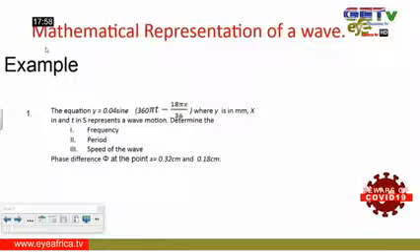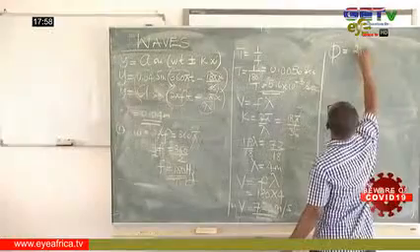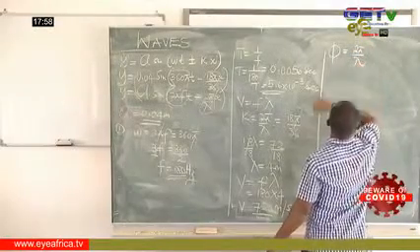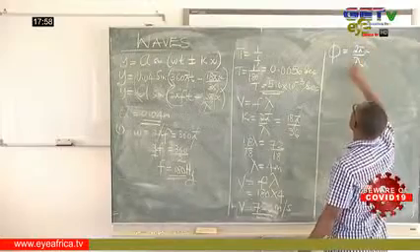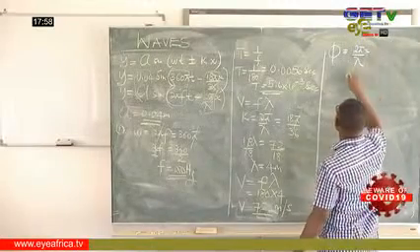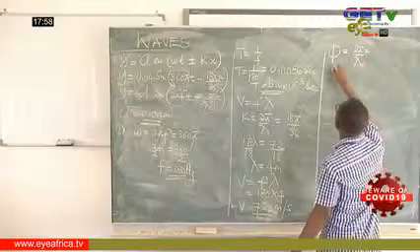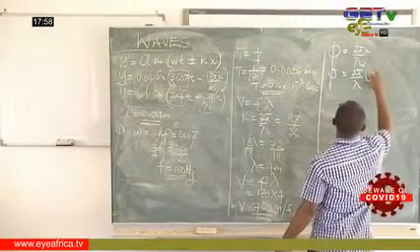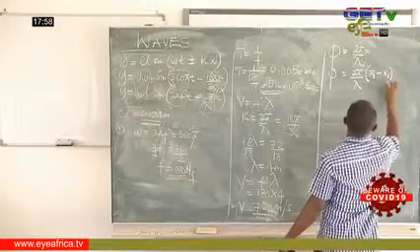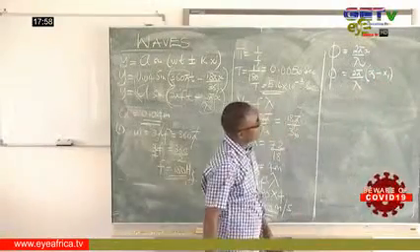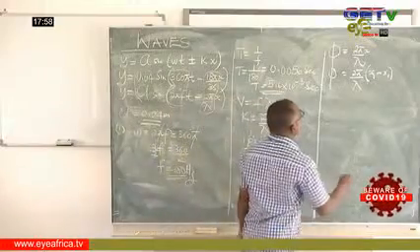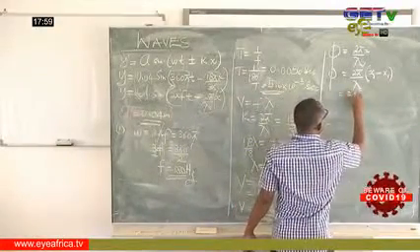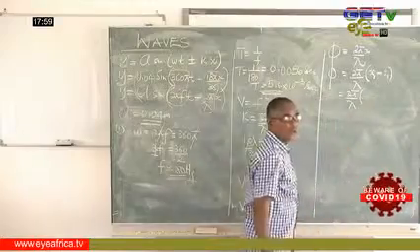Now I want to move to the last question. It says, what is the phase difference? Remember that the phase difference was 2 pi over lambda times the difference in position, x. Here x is the position of the wave particle at some later point with respect to the first position.